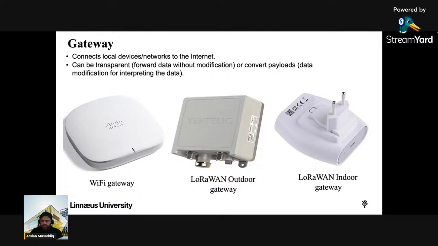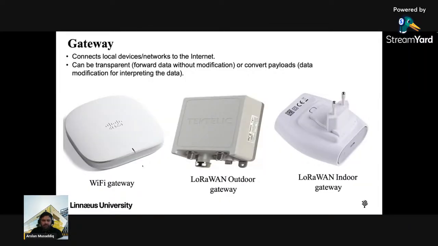Some gateways even include processing capabilities, which allow them to filter or pre-process data before forwarding it, so it reduces the load on the cloud. In short, you can consider gateways as the backbone of connectivity in IoT systems.